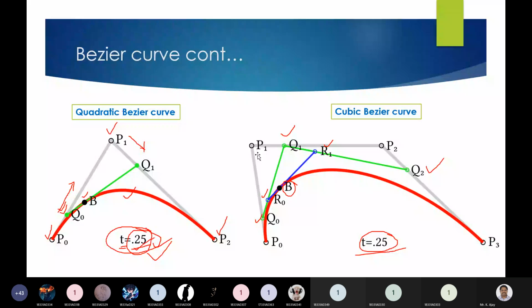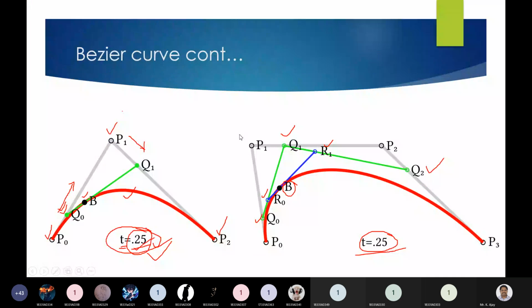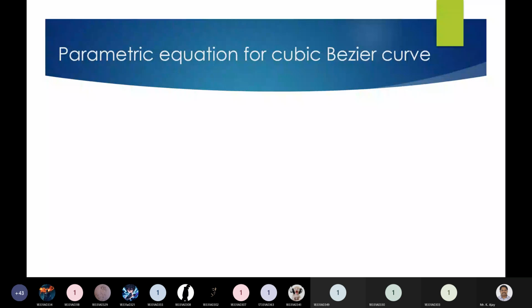So now, if you try to understand the parametric equation, the mathematics behind this cubic Bezier curve. As I told you, cubic third order equations would be sufficient because they can satisfy the needs of the C2 continuity.